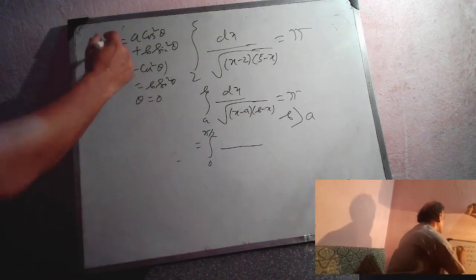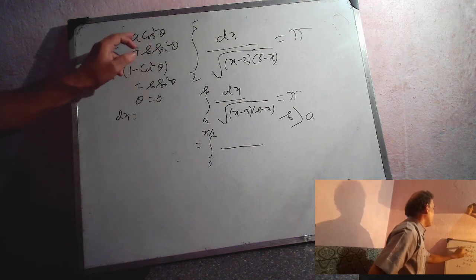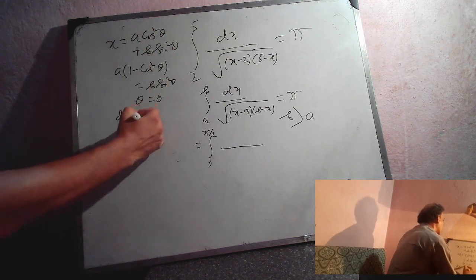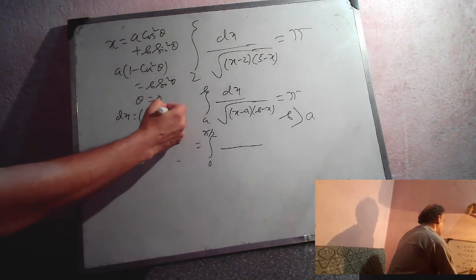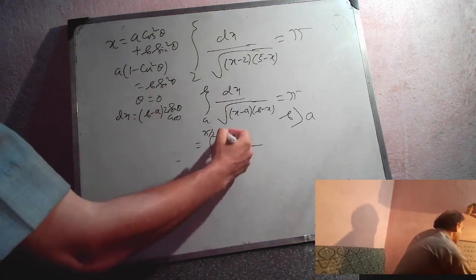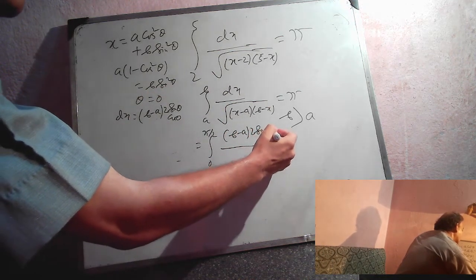Now dx equals 2a minus 2a sin theta cos theta, this is 2b sin theta cos theta. So b minus a into 2 sin theta cos theta. So replace dx by b minus a times 2 sin theta cos theta.